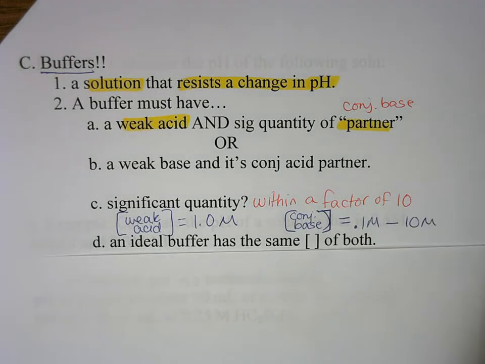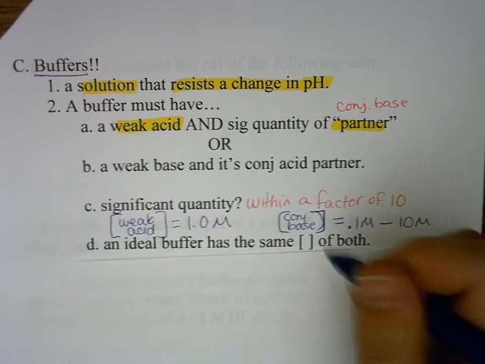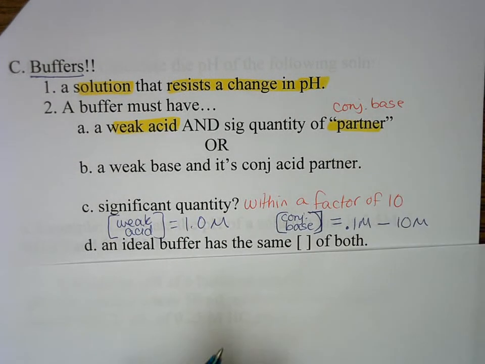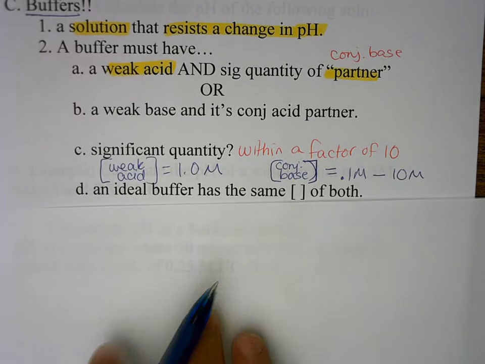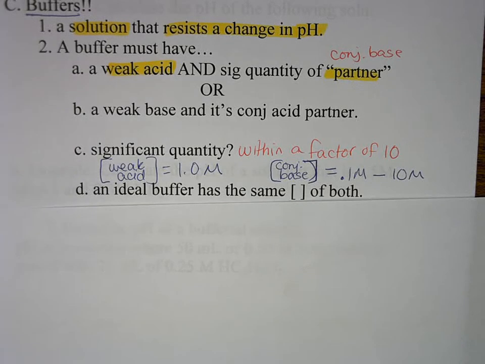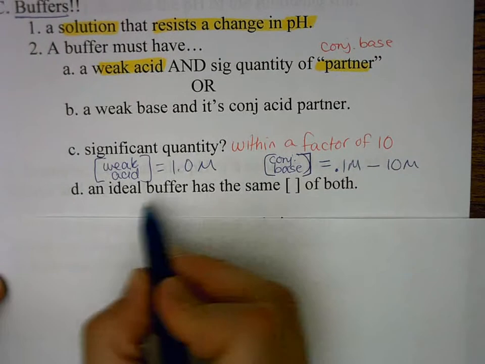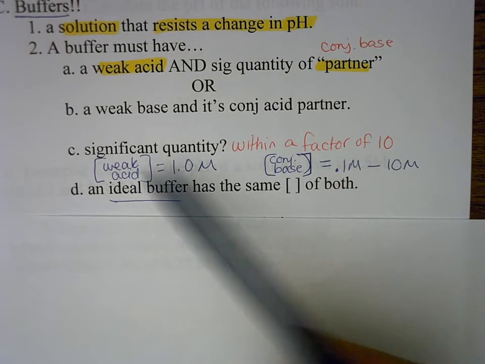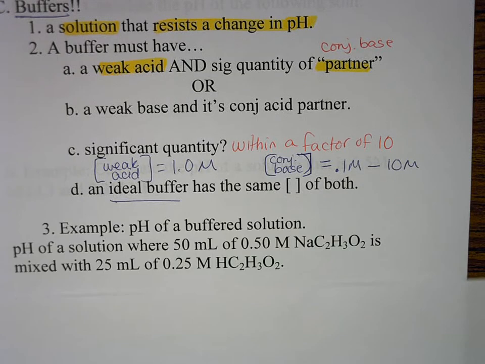If you have anything within that range, it's considered a buffered solution and will resist the change in pH. An ideal buffer has the same concentration of both. All right, so, first question. You need to be able to calculate the pH of a buffered solution.